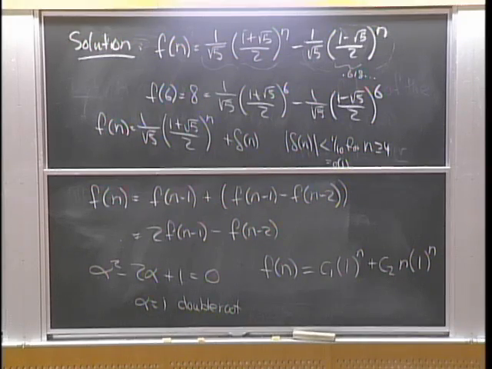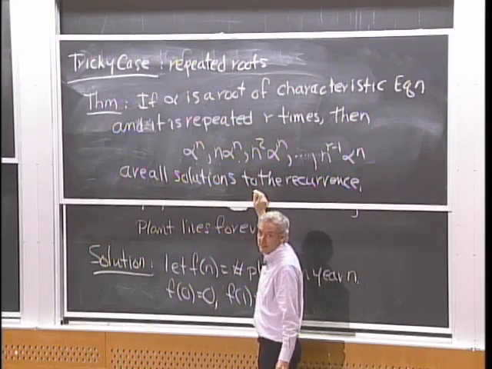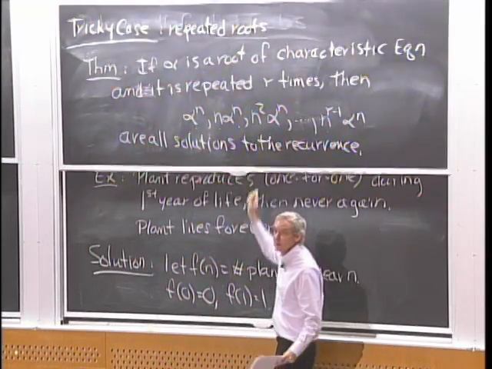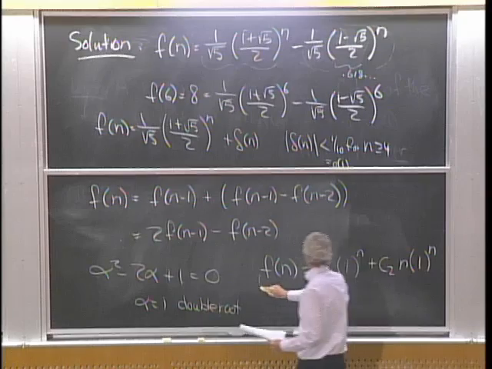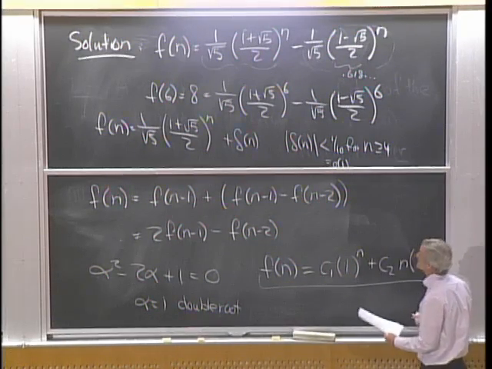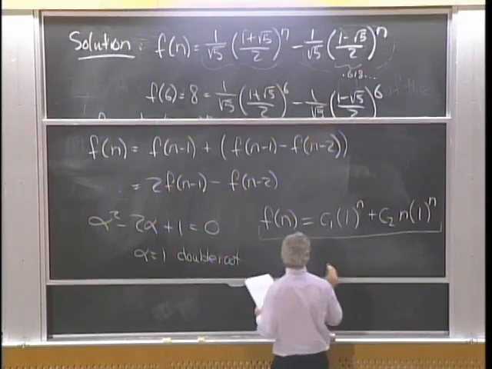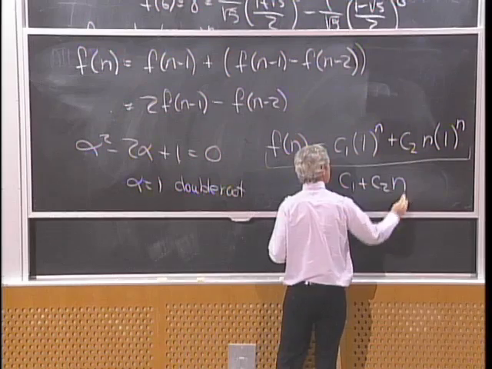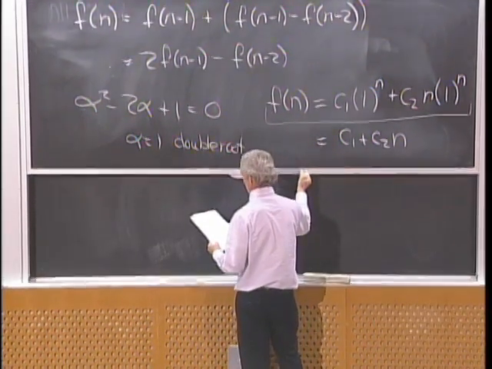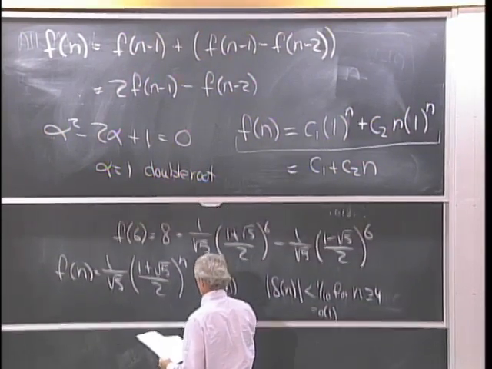So I have alpha to the n and n alpha to the n. It just happens alpha is 1, which makes it really easy. So this is now my solution before the boundary conditions. In fact, that gets even simpler: c1 plus c2 times n. And now all that's left is to plug in the boundary conditions.